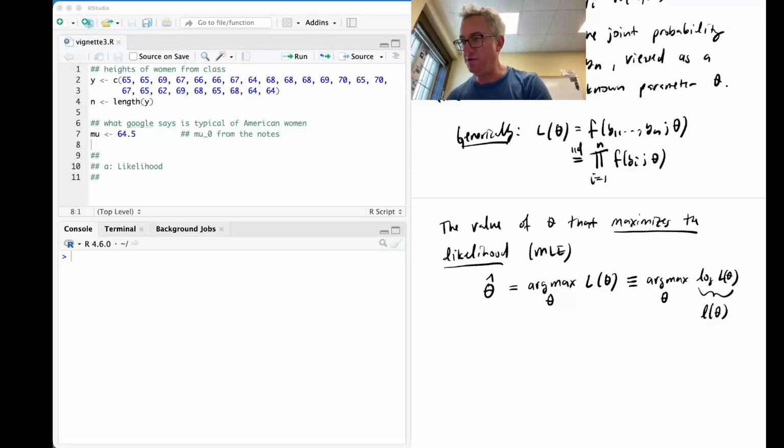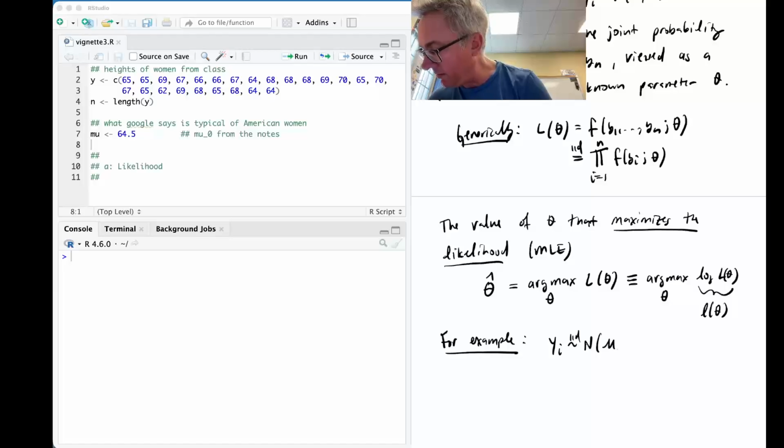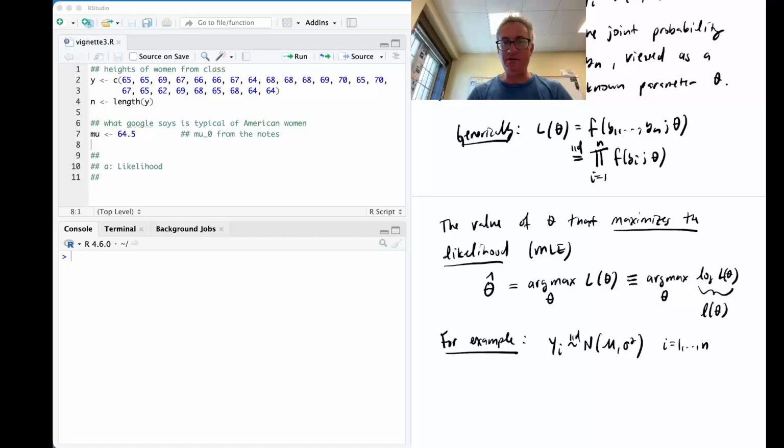Okay, let's do an example. Suppose that we have Gaussian data. So our parameter theta is really mu and sigma squared. And we have n of these observations.